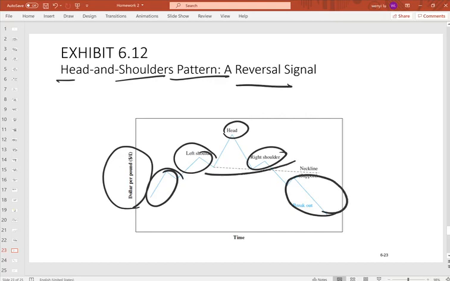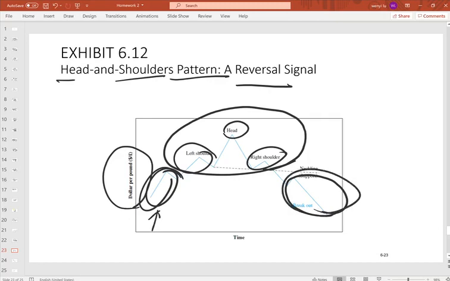So once you detect a head and shoulders in the middle of a price trend, the price trend from the beginning will be reversed after this pattern. Let's see some examples.